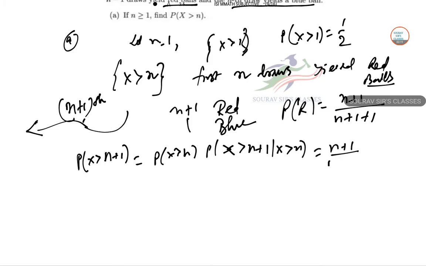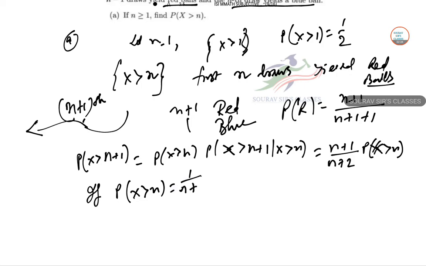So that is n plus 1 over n plus 2 times the probability of X greater than n. So obviously, if the probability of X greater than n equals 1 by n plus 1, then the probability of X greater than n plus 1 is 1 by n plus 2.